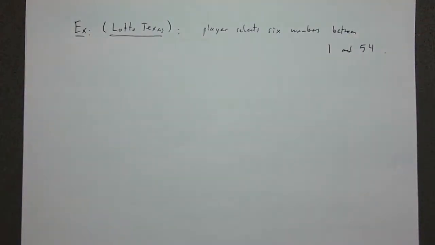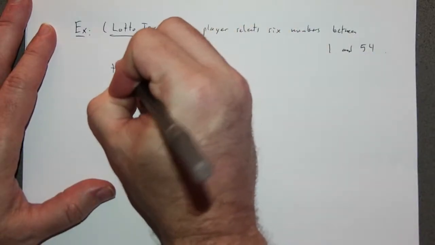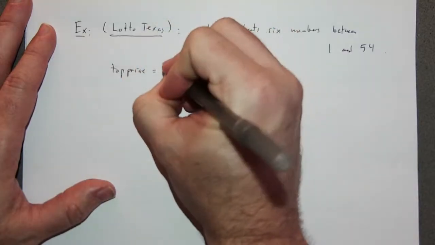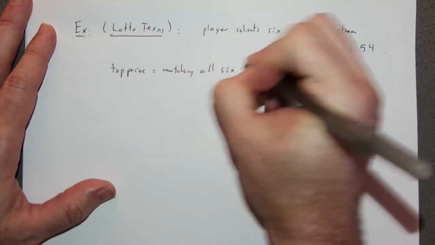This is the lotto ticket. The largest prize is awarded to anyone matching all 6 numbers picked in a random drawing by lottery officials. Okay, so top prize, matching all 6 numbers.